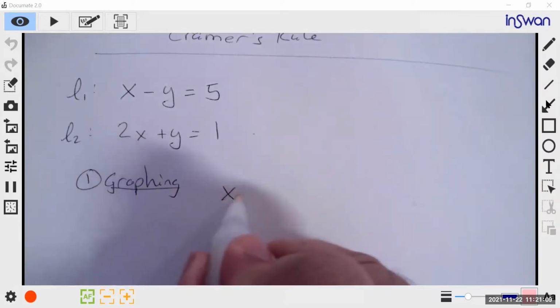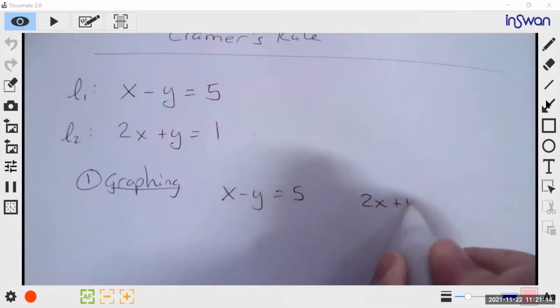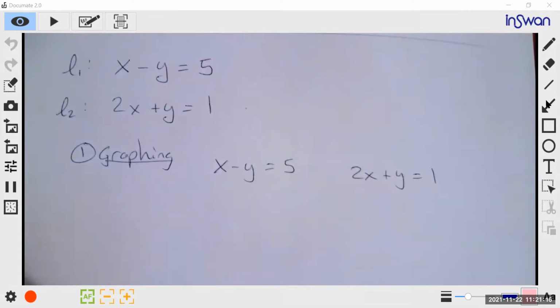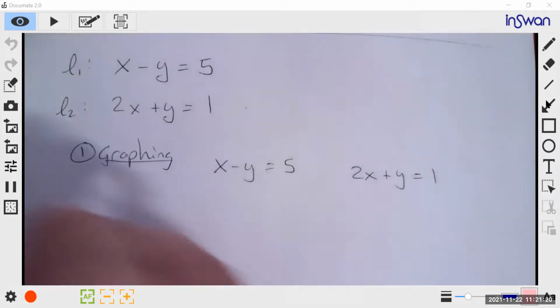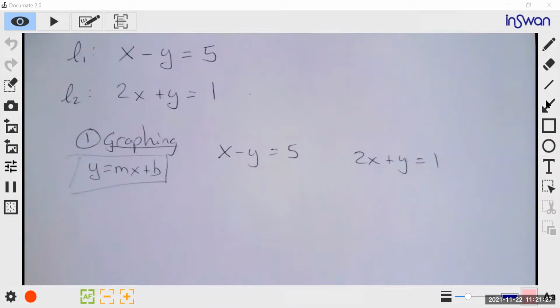We have 2 equations. We need to graph them. So when we graph them, you have to put the equations in y equals mx plus b format. That's what we did in chapter 2.